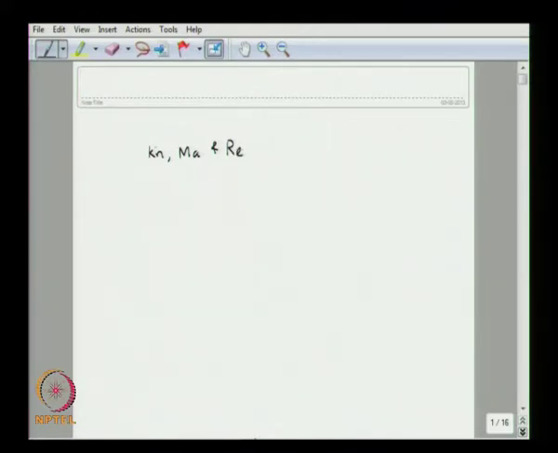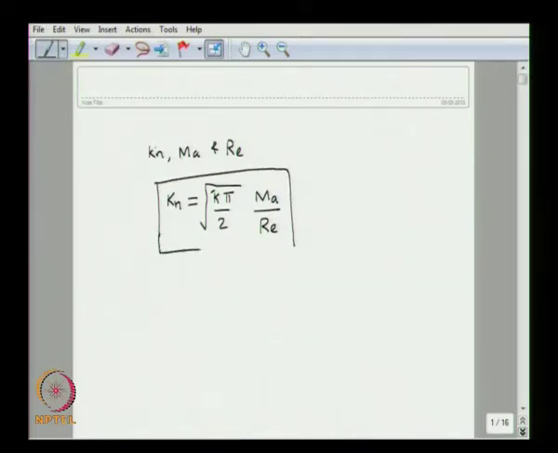Knudsen number is k, the specific heat ratio, pi divided by 2 square root, into Mach number divided by Reynolds number. Okay. So this is how the three different dimensionless parameters are related.